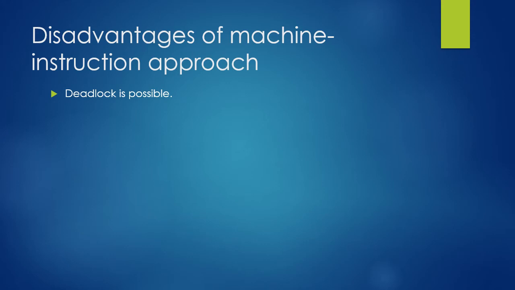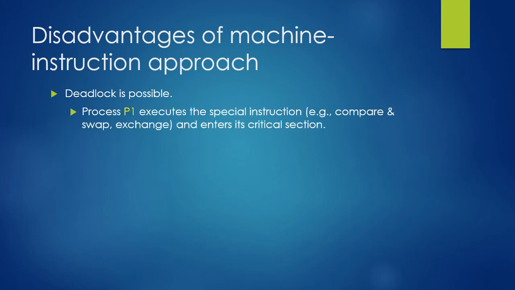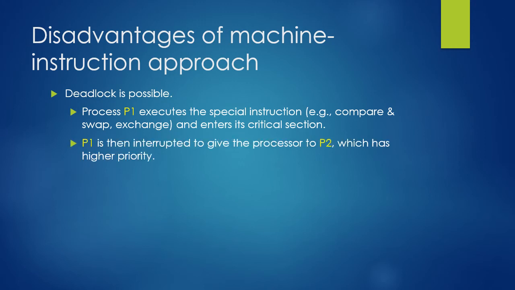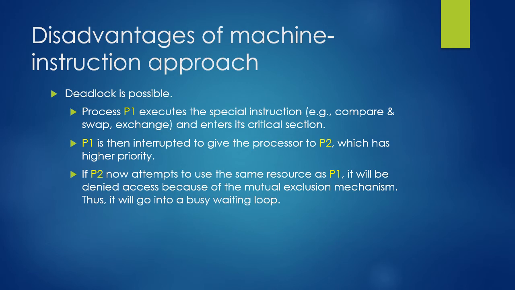The third disadvantage is that deadlock is possible with the machine instruction approach. Consider this scenario. Process P1 executes the special instruction and enters its critical section. P1 is then interrupted to give the processor to P2, which has a higher priority. If P2 now attempts to use the same resource as P1, it will be denied access because of the mutual exclusion mechanism.